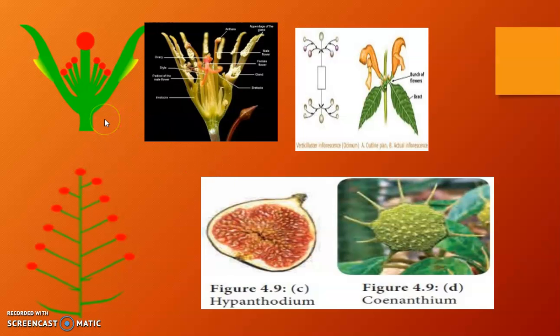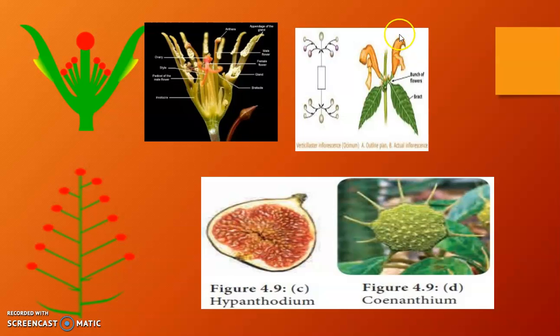So the first one is cyathium. The older flower is at the top, new flowers are at the bottom. The second image is also the cyathium, and the next image is verticillaster.